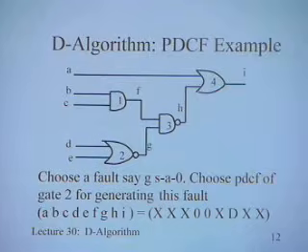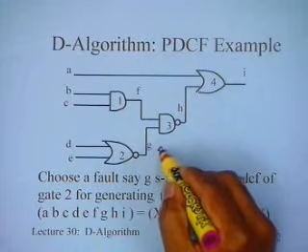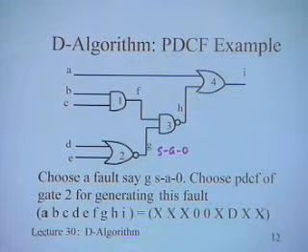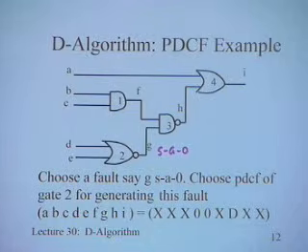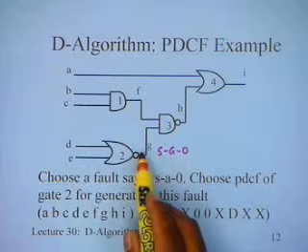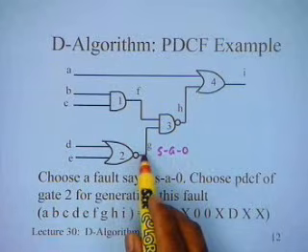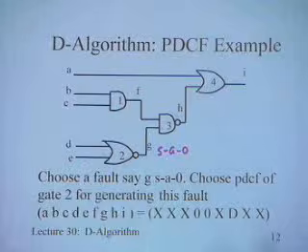So choose a fault, say G stuck at 0. Because I have chosen a fault here, G stuck at 0, I have to choose a PDCF for gate 2 for generating this fault, and the PDCF for gate 2 will be, because it is stuck at 0, I have to generate a 1 over here. To generate a 1 it is 0, 0.